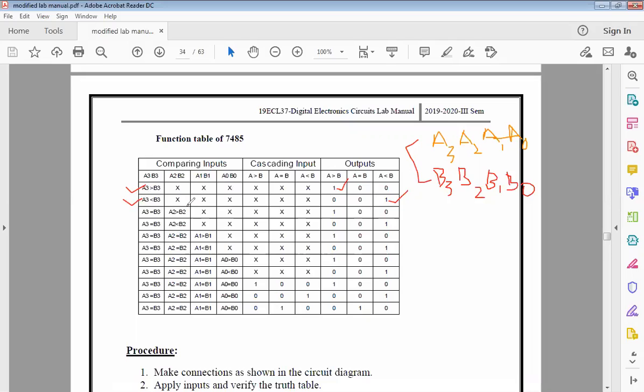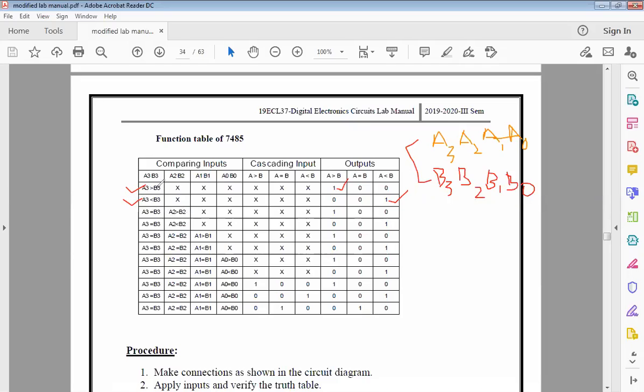Let's say one more bit got added. So let's say I have two bits. In that case, it will compare if A3 is equal to B3, and the other case is if A2 is less than B2.